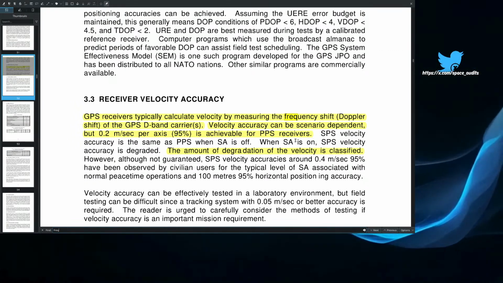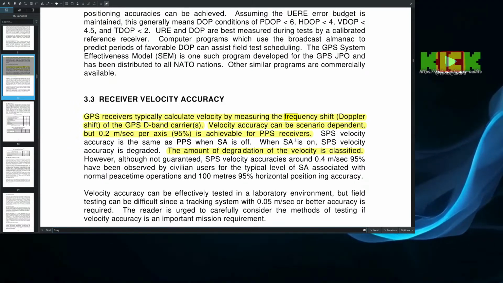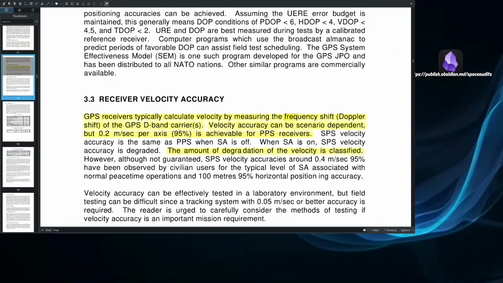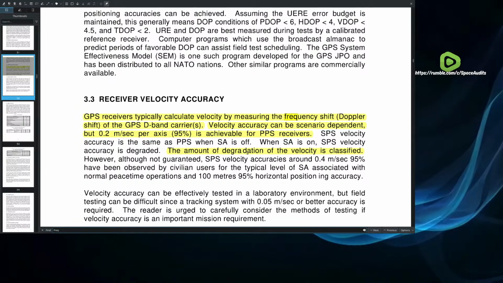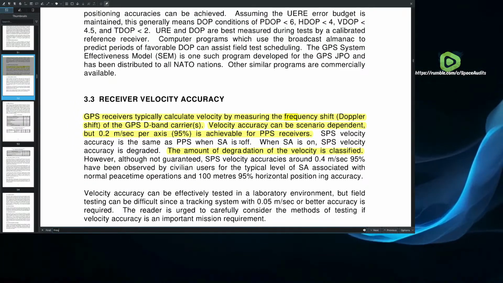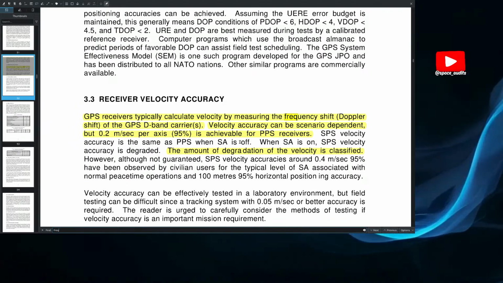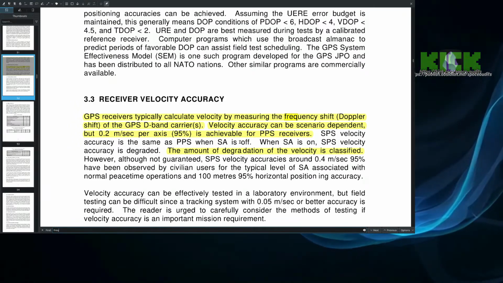So what was found in the early 2000s-ish, there were these guys, Wolf and Pettit, who went to get quote unquote raw GPS data from a service center in Colorado where everything is housed.